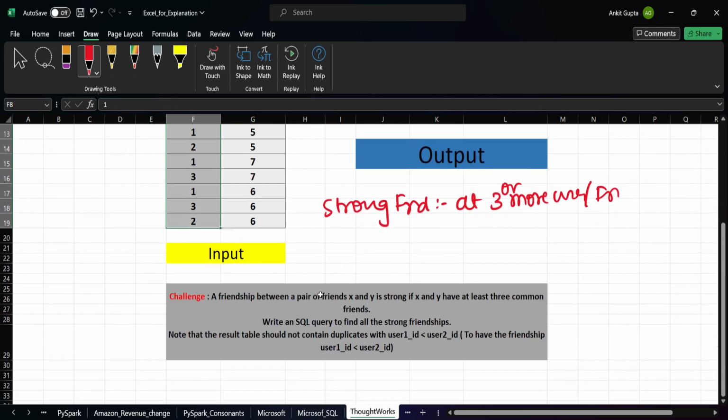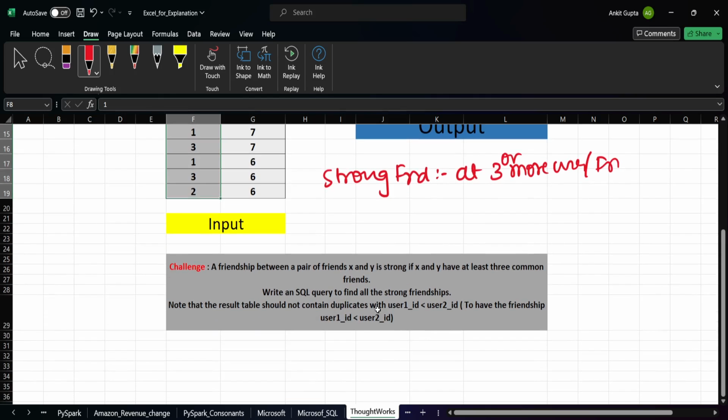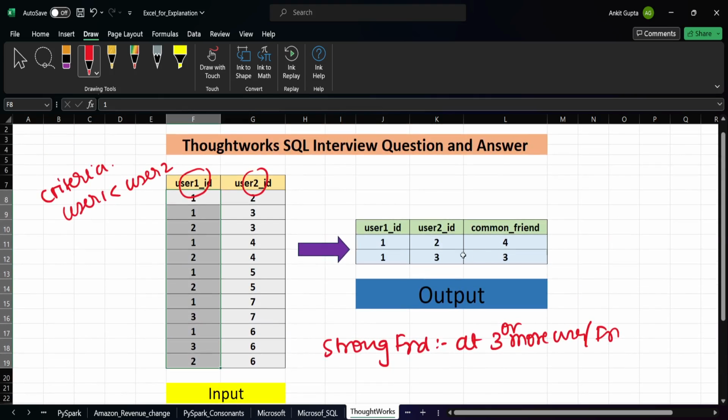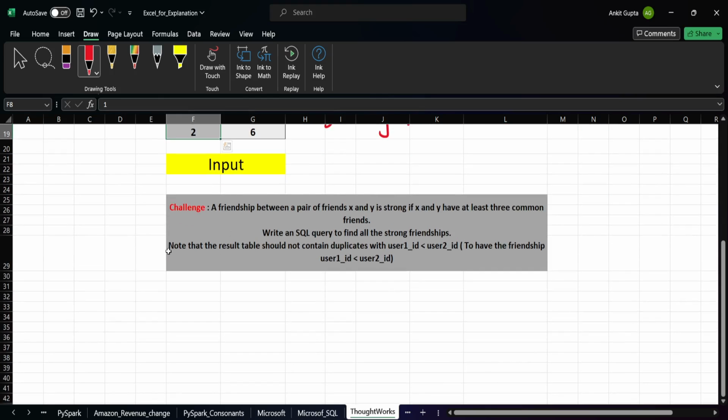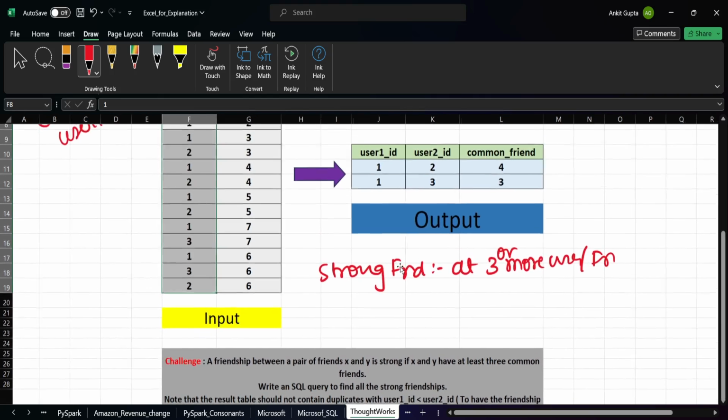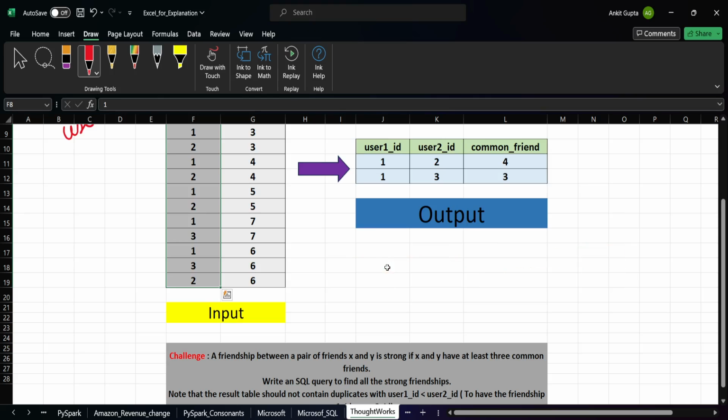This is what the first line indicates: a friendship between a pair of friends X and Y is strong if X and Y have at least three common friends. Let me read the entire statement first. Note that the result table should not contain duplicates, with user 1 ID less than user 2 ID. To have a friendship, user 1 ID should be less than user 2 ID. I think the problem statement is clear.